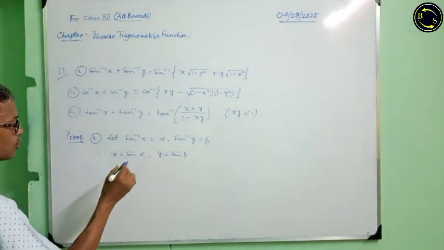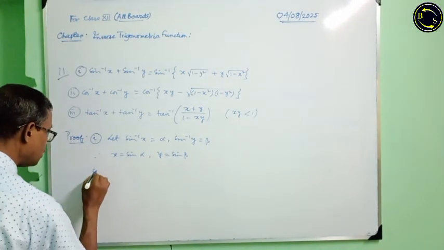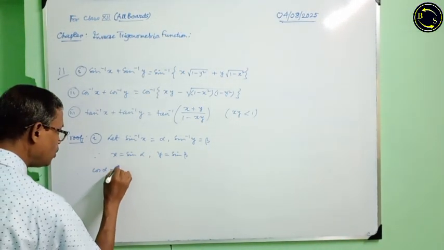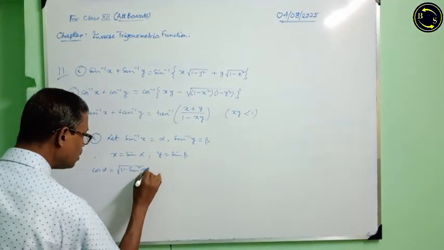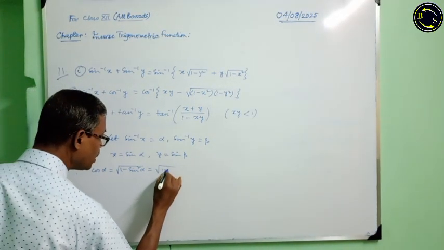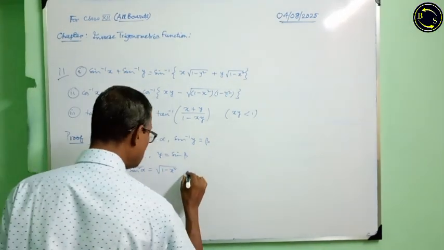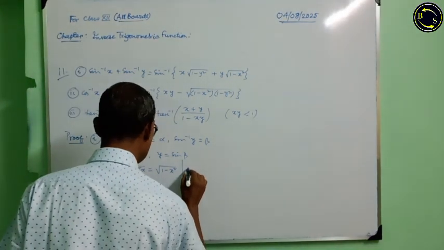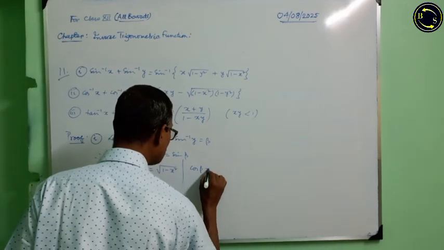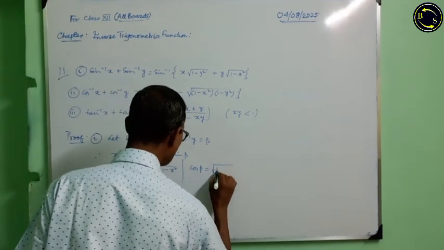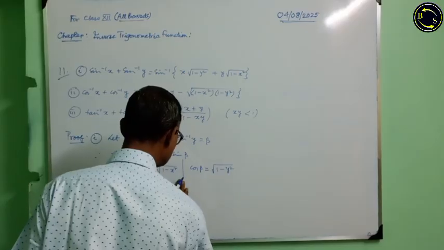Therefore, what will be the values of cos alpha and cos beta? Cos alpha is equal to root over 1 minus sine square alpha, that will be equal to root over 1 minus x square, and in case of y equal to sine beta, cos beta will be equal to root over 1 minus y square.